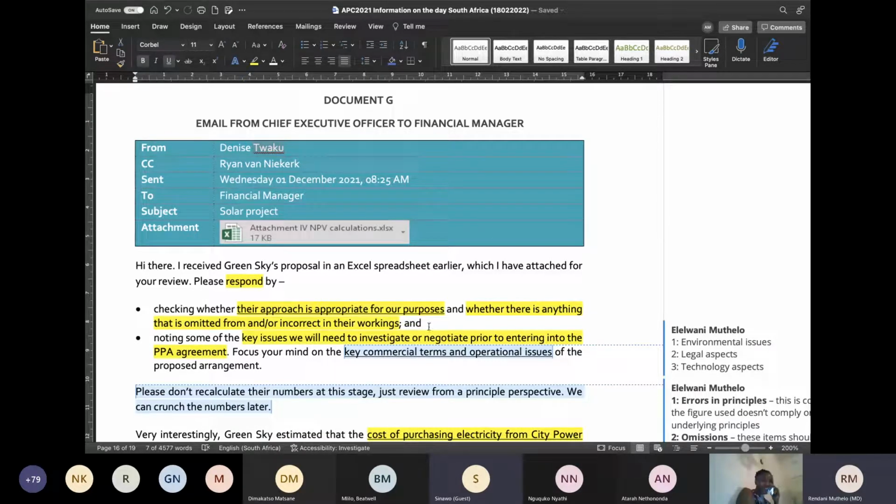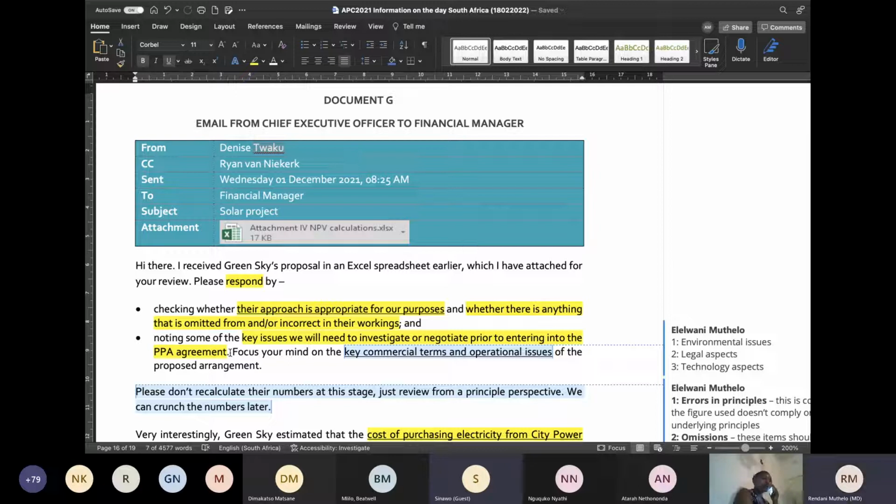So the first part is talking to the attachment. Then the next one says, noting some of the key issues we will need to investigate or negotiate prior to entering into this agreement.